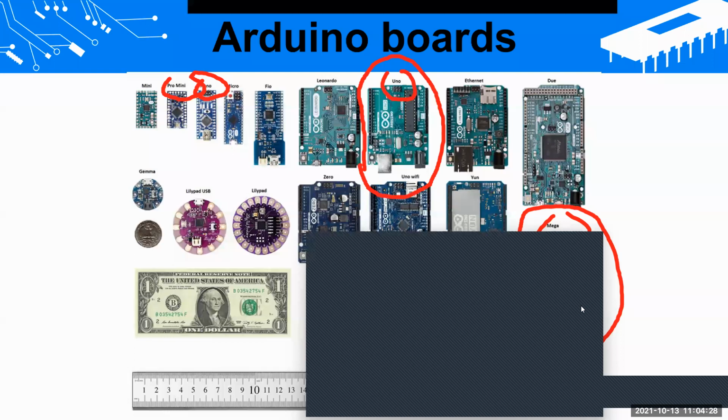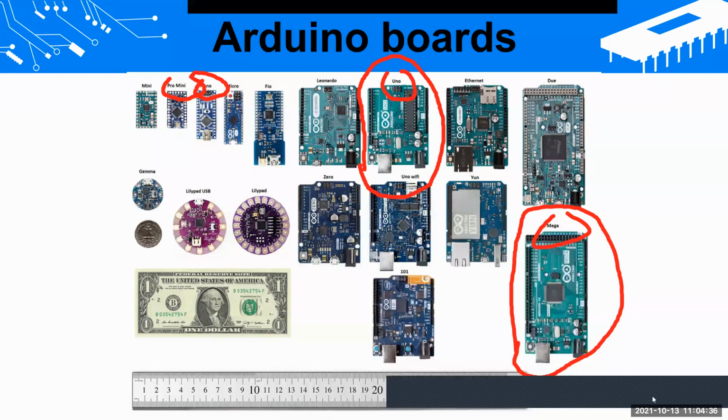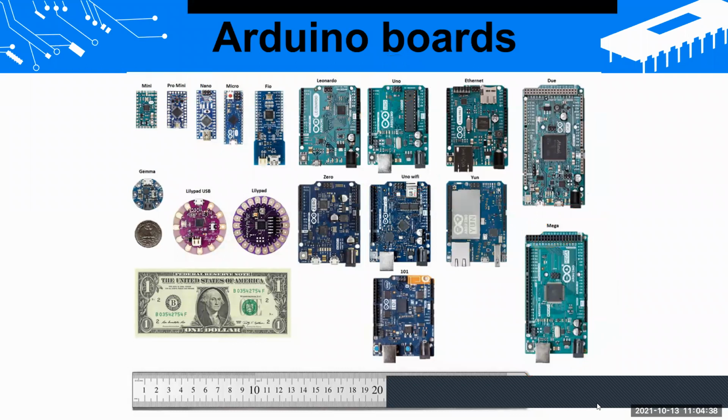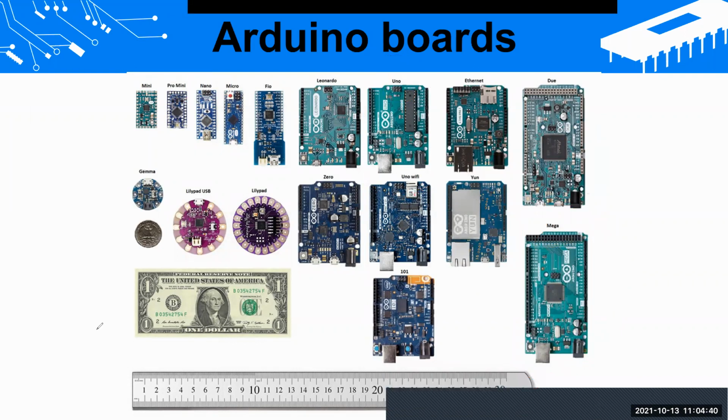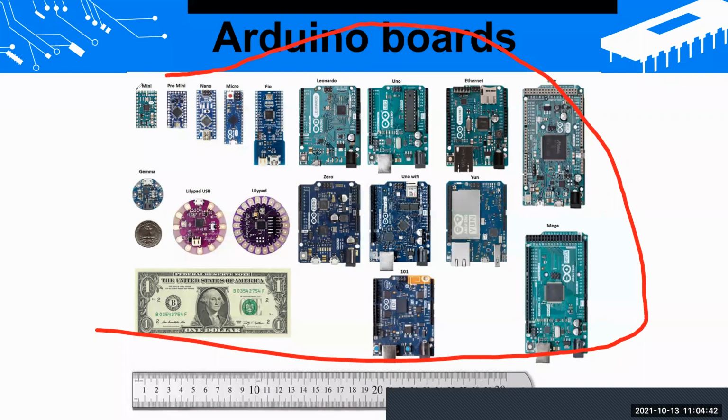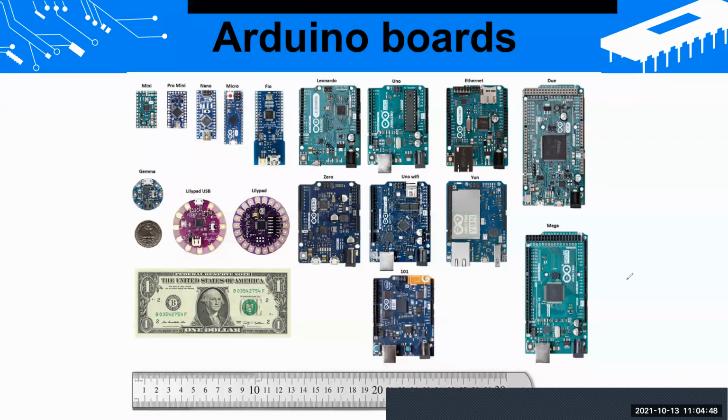Someone is asking, do all these Arduino boards exist? Yes, there are more boards; these are not the only boards. If you search, there are so many options. This is just an overview, and it has a certain range.